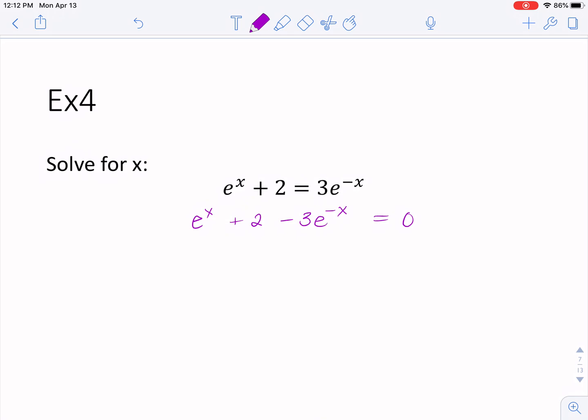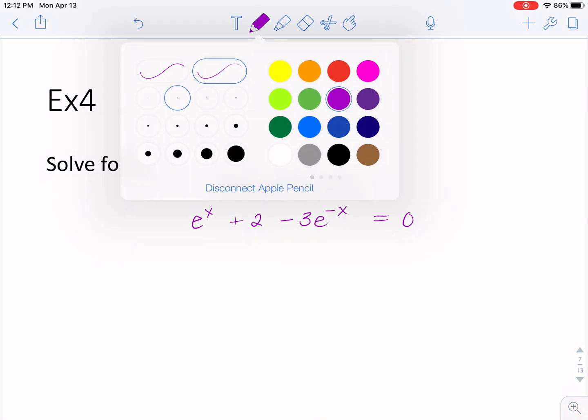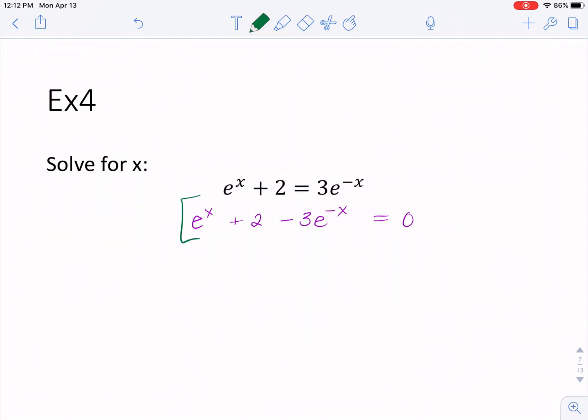Oh, I wonder. What would happen if I distributed an e to the x to both sides of the equation? You're right. The right-hand side would stay 0. Awesome. But distribution. What's e to the x times e to the x? You're right, e to the 2x plus 2e to the x.